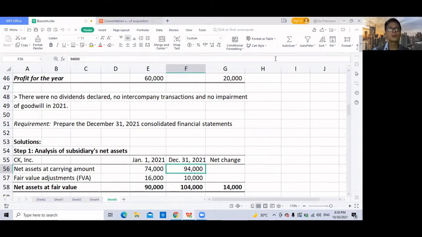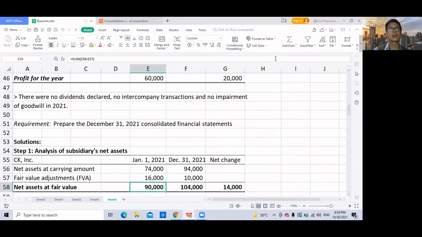Okay, and then fair value, of course, ito yung fair value adjustment. May papakita natin yung computation to, that's 16,000. And then may kinalaman to sa mga assets yung in-adjust kanina, yung sa inventory as well as yung equipment. And then noong December 31 may 10,000 adjustment, no? So for total of 104 nagdagan.